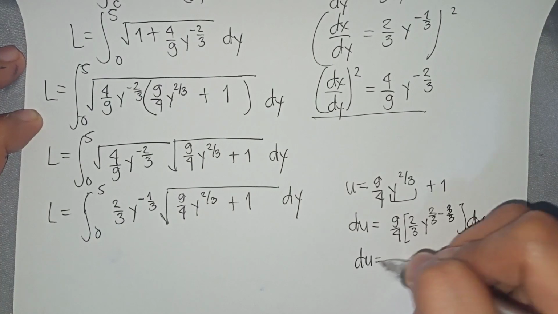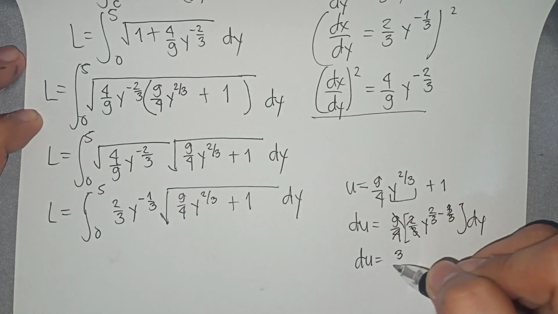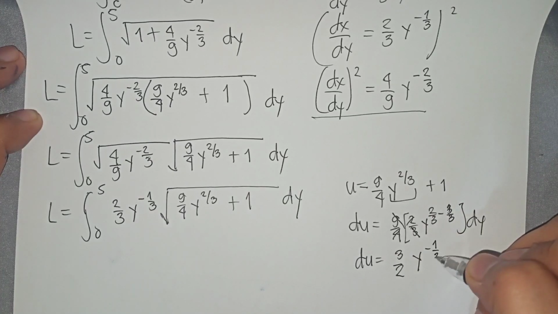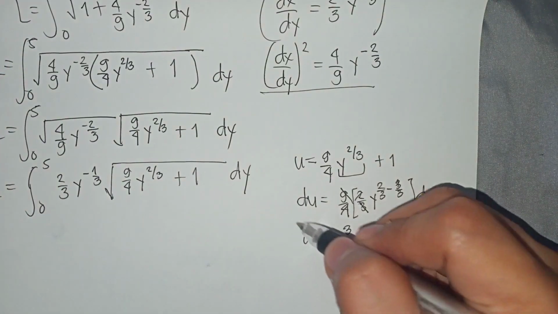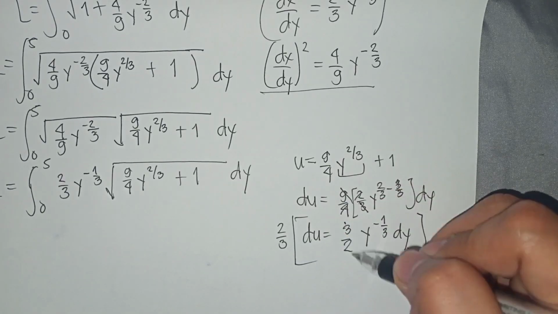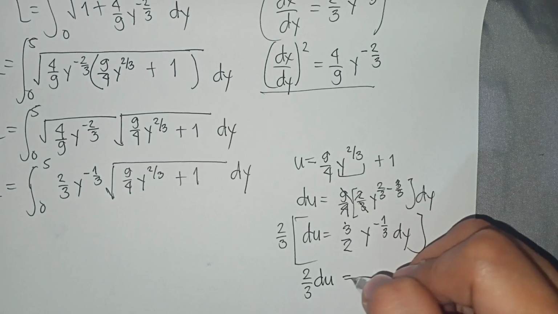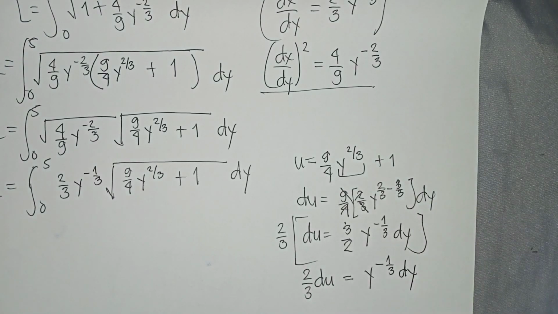So, ang magiging du natin yan ay, cancel to. So, magiging 3 over 2. So, yan ay y raised to negative 1/3 dy. Okay, so pwede nating i-multiply by 2/3 both side para matanggal ito, no? So, magiging 2 over 3 du is equal to y raised to negative 1/3 dy.